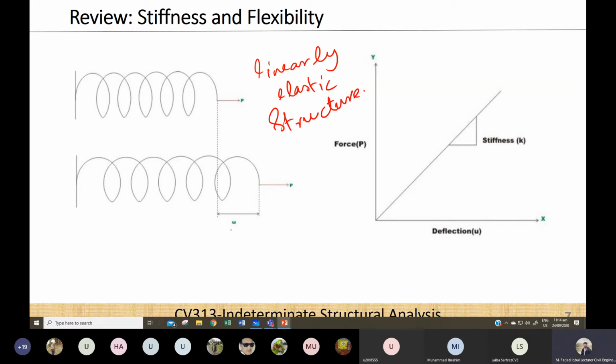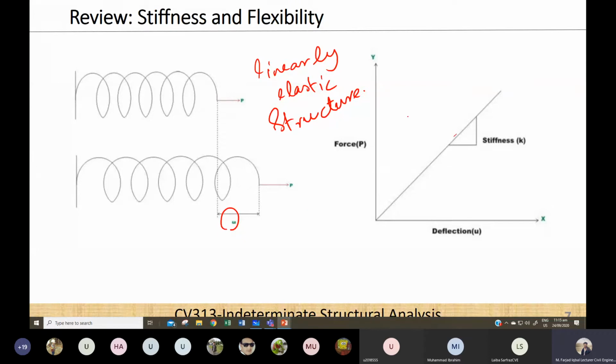The deflection will be produced, which I have denoted over here by U. So whenever you apply the load on an elastic structure, the deflection will be produced, and when you remove that force, that structure will go back to its original position, as long as you are within the elastic range or you obey Hooke's law.